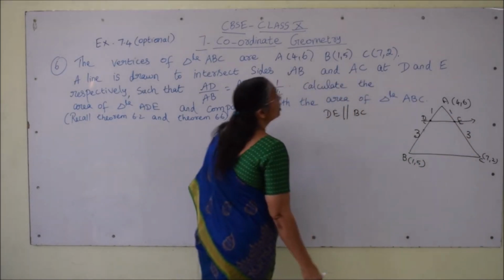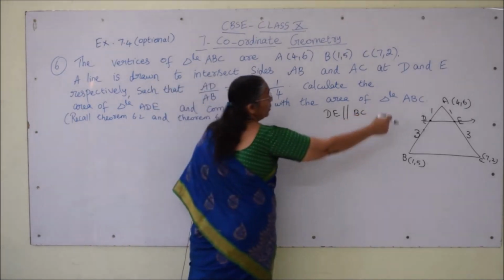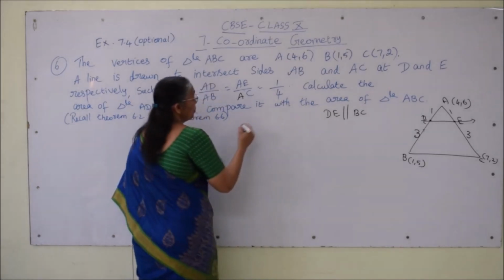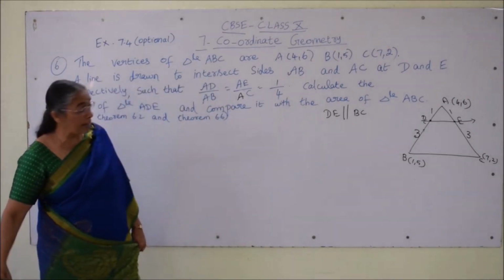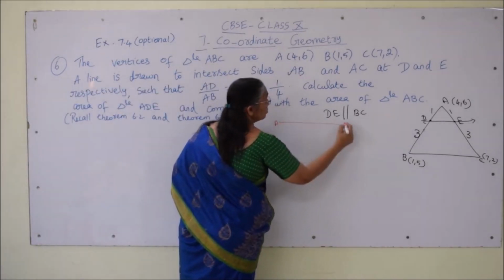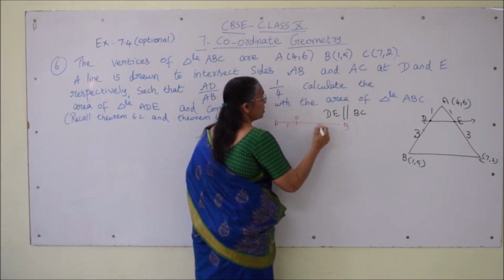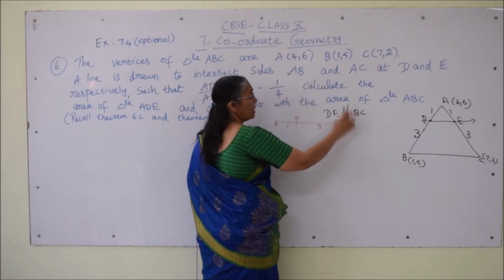So, using this and the section formula, we can find the coordinates of D and E. Let me draw this AB line like this. This is our AB line and D is a point here. The ratio is 1:3 because AD by AB is 1:4.